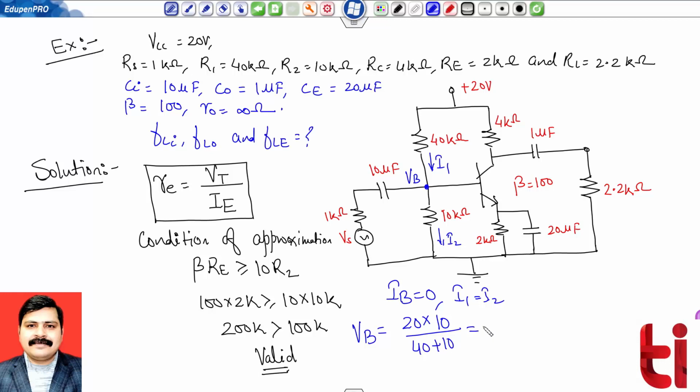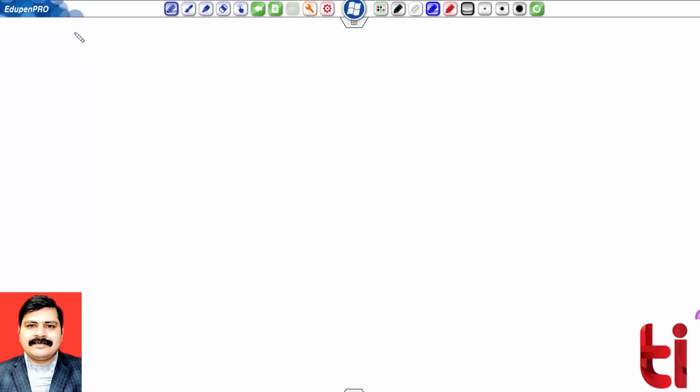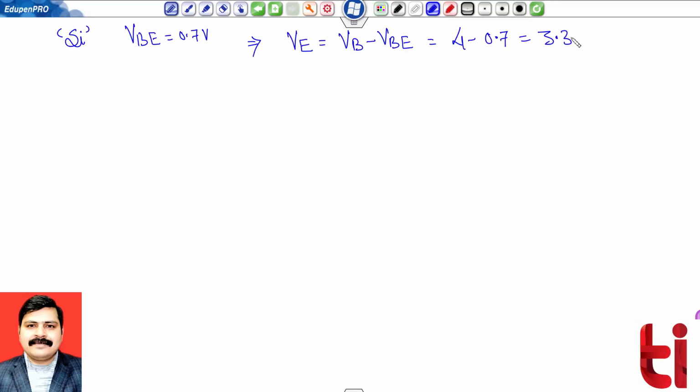Kilo will be cancelled from numerator to denominator, and this will come up with a value of 4 volts. So my base voltage VB equals 4 volts that we have calculated from the DC analysis. Now, assuming that my transistor is made of silicon, the typical value of VBE equals 0.7 volt. Now I can easily calculate the emitter voltage VE, which is VB minus VBE, ultimately 4 minus 0.7, that is 3.3 volts.